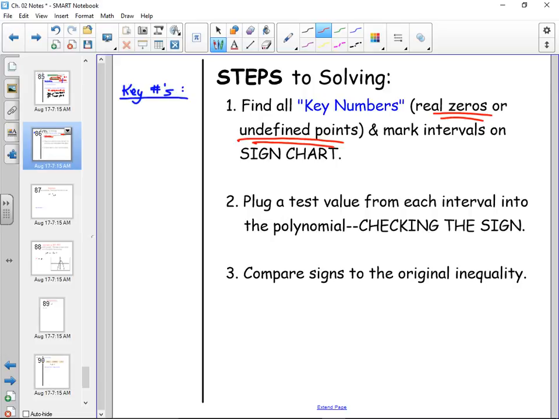So, if you want, you can go back to the old one and say, key numbers for polynomials, instead of writing this whole thing over again. You can say, key numbers for polynomials, they're just the zeros, right? Key numbers for rational functions, they're zeros and undefined.